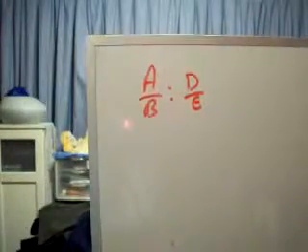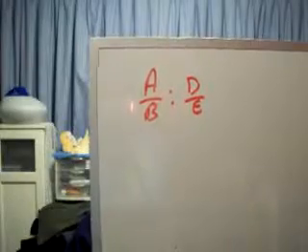So, that's what it would look like. As A is to B, so is D to E. And this is by Euclid Book 7, proposition number 18.